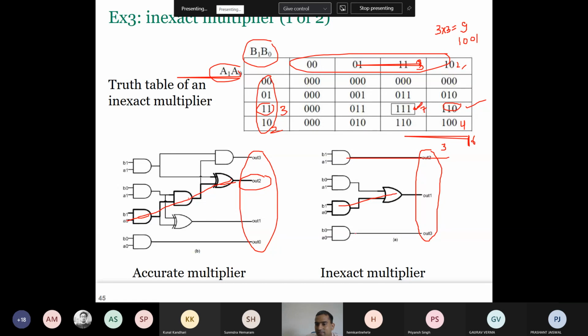This signal is generated by just 1 gate, and these 2 signals take 2 gates. So instead of 3 gates, now we have a maximum of 2 gates. So I can get it faster. Plus I have only three outputs. So you can see just one small approximation has significantly simplified my multiplier circuit.